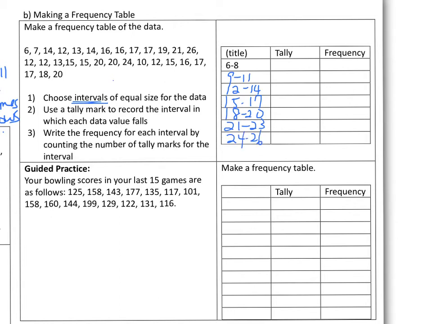And let's see how many numbers occur between 6 to 8, inclusive. So have 1, tally. Okay, 7, tally. And then 9 through 11, you should have, let's see, 14, 12.